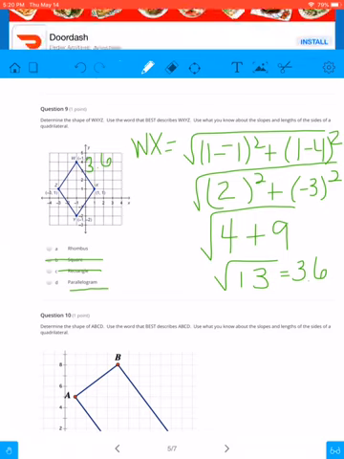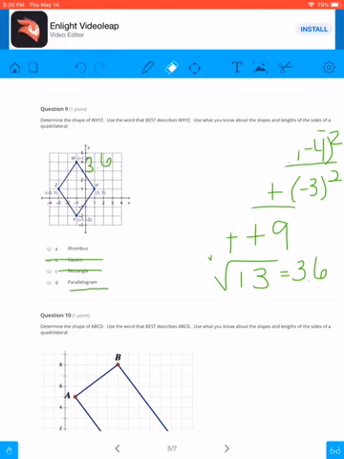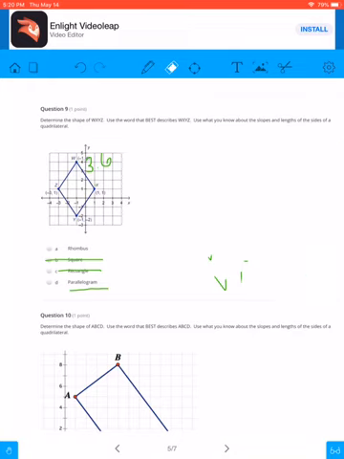We just need to find the distance on the other side lengths. So we're just going to do the distance formula, and we would end up doing the distance formula 3 more times. I'm just going to do it one more time just to show an example.